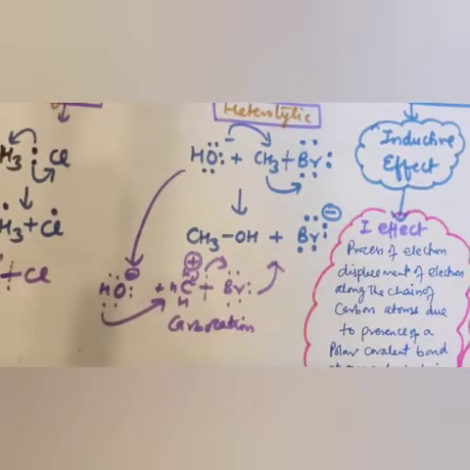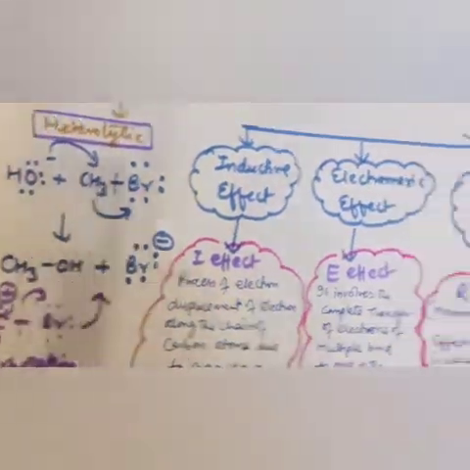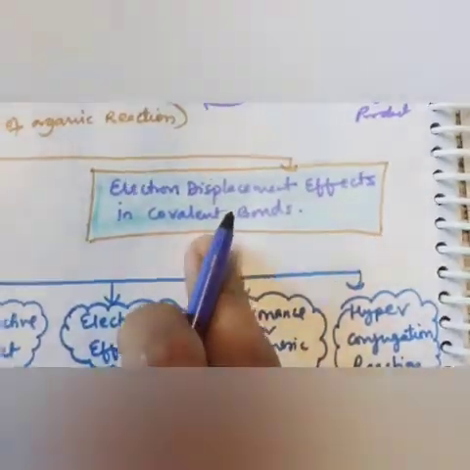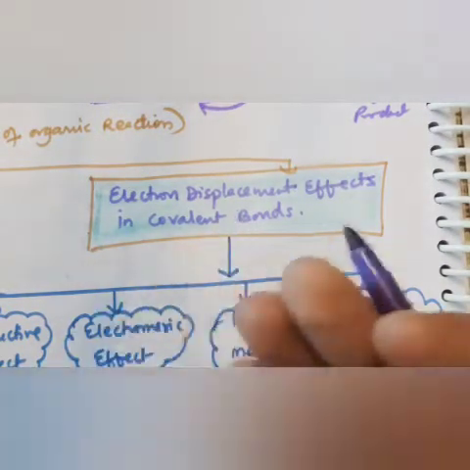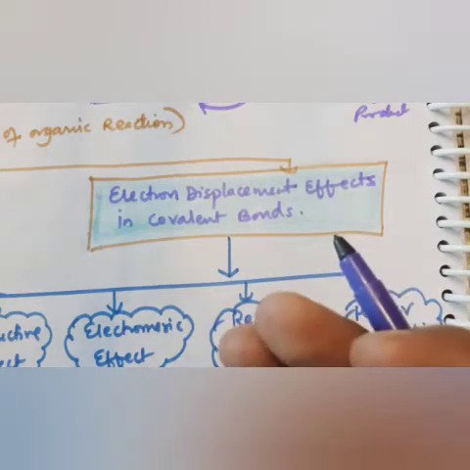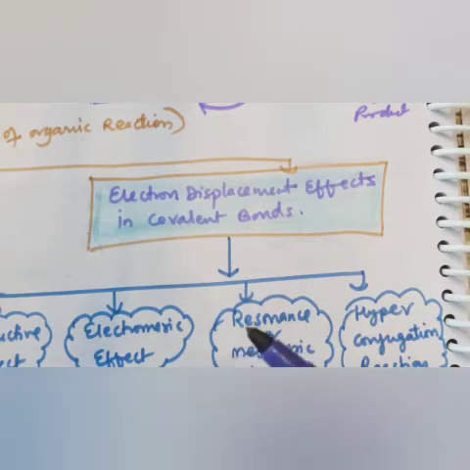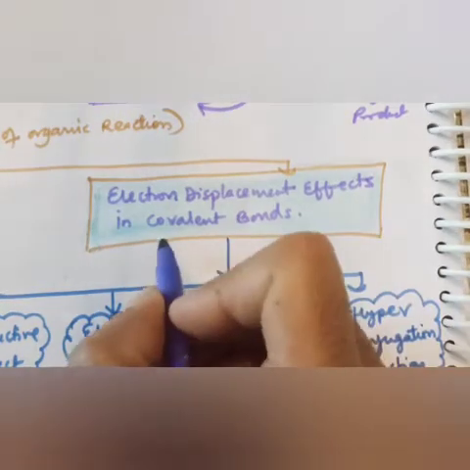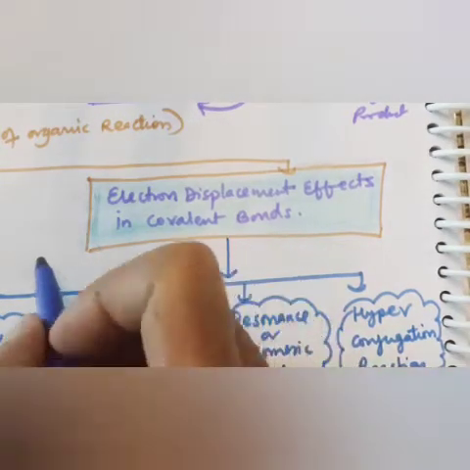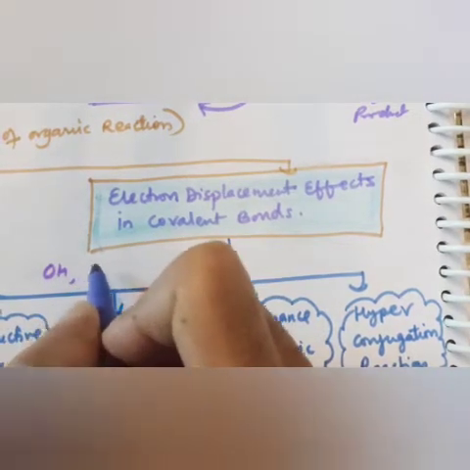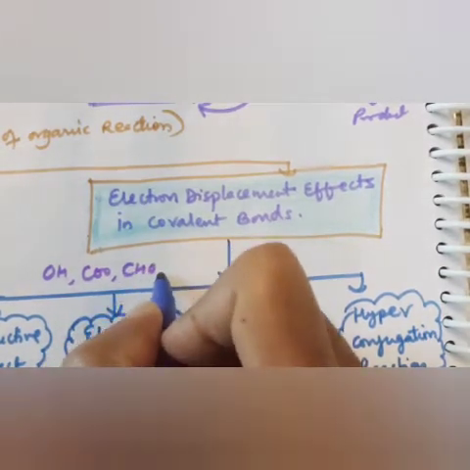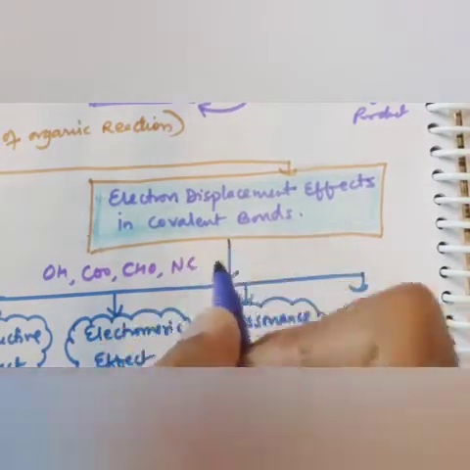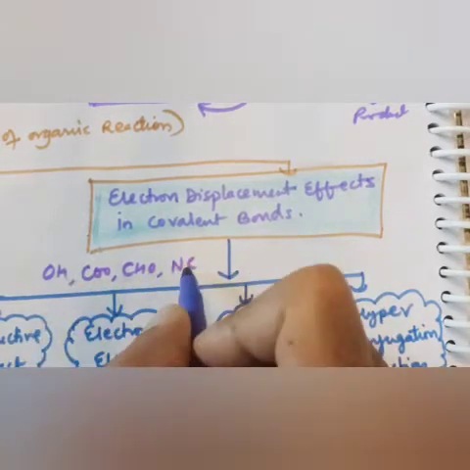Now when electron displacement is there in a covalent bond, it may occur either due to the presence of some atom or group in the molecule or under the influence of some attacking reagent. Either there will be some group or element like OH, or COO, or CHO, or NC, you know all the functional groups.